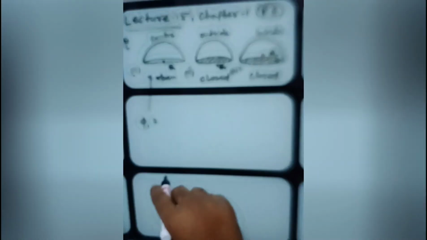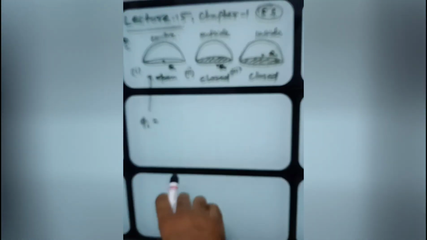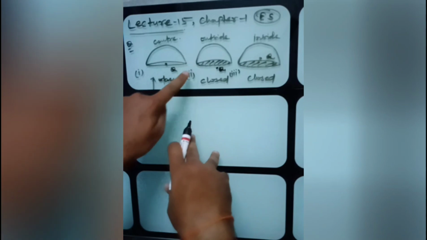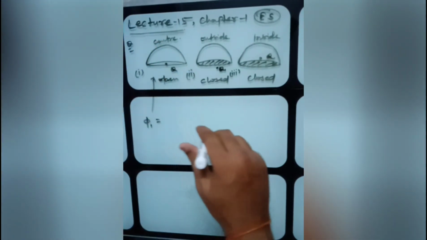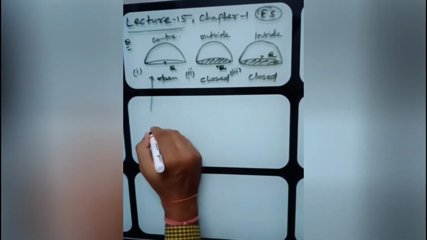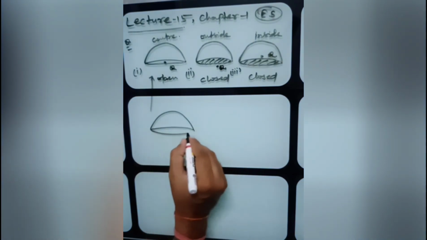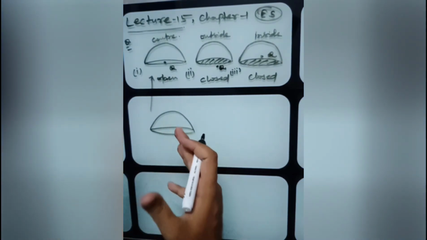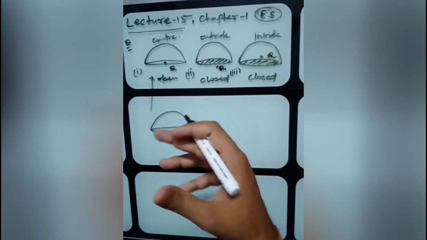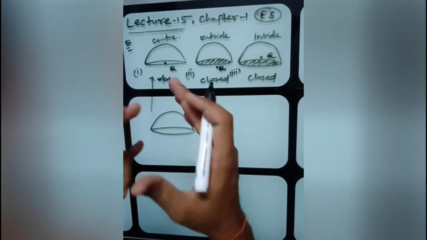We cannot apply the Gauss law because this body is not closed. Remember, if the body is not closed, you cannot apply the Gauss law, because Gauss law is applicable for a closed body. Okay, it should be a 3-dimensional closed body.